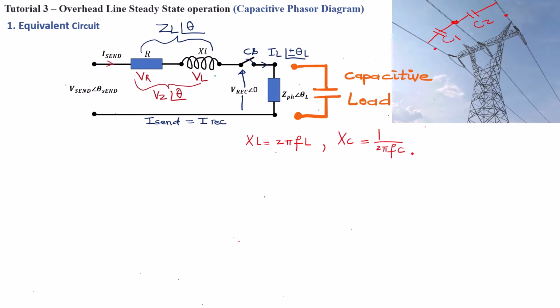But in a low frequency system like this transmission line, the capacitive reactance is going to be high, and based on this, there will be some current flow to try to charge this capacitor, and this current is going to lead the voltage by an angle of 90 degrees. So we're going to have a positive angle of the current, compared to a lagging current in an inductive case. This is basically the difference between the two, relating to whether you are supplying a low frequency or a high frequency signal.